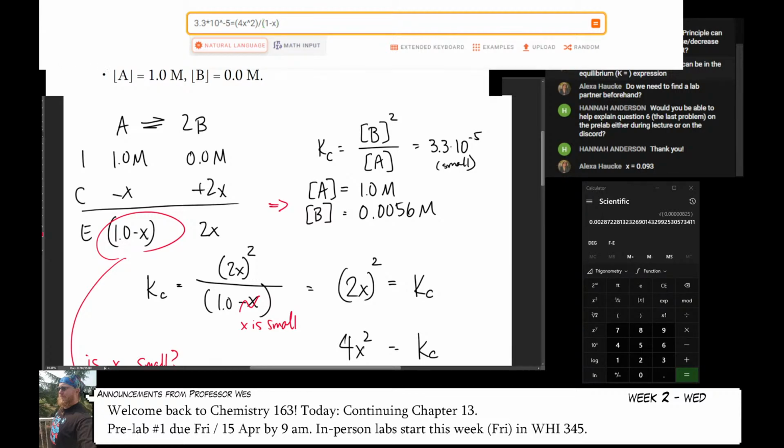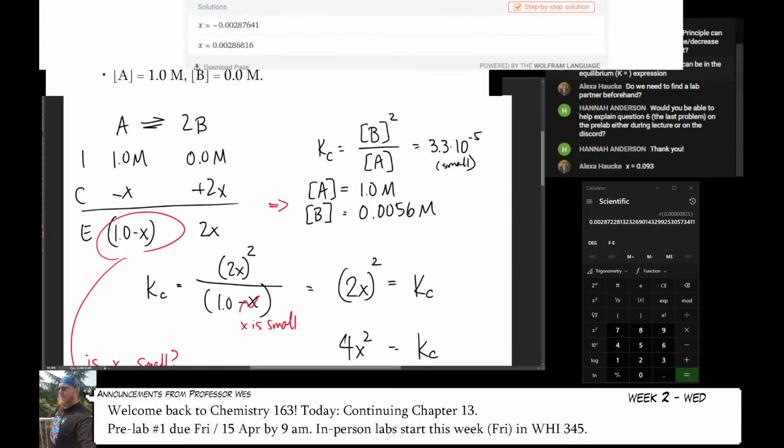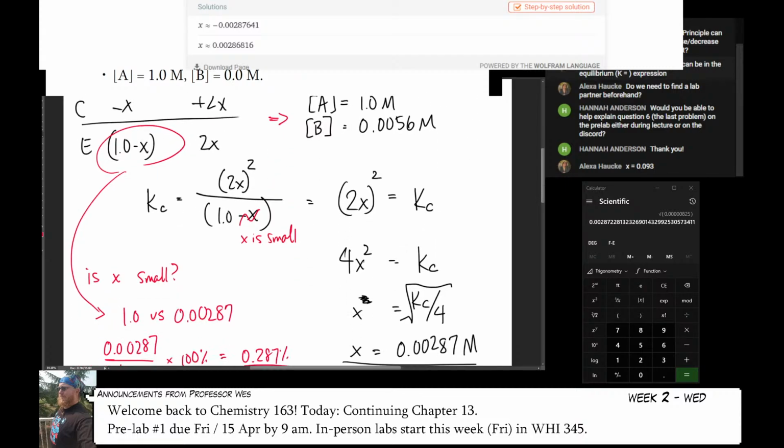And we should get a number real close for x to what we got. And what did we get? Look at that. We said x with our approximation was 0.00287, and they said 0.00286816. So our approximation saved us a lot of trouble.